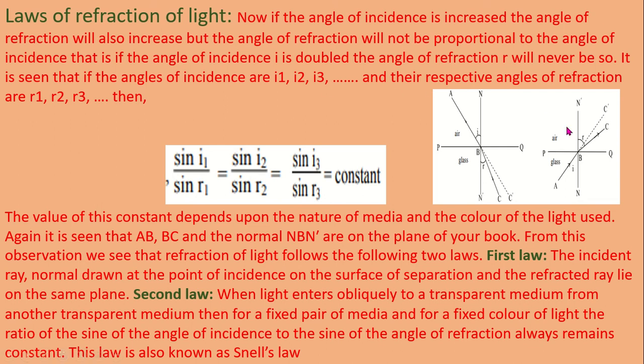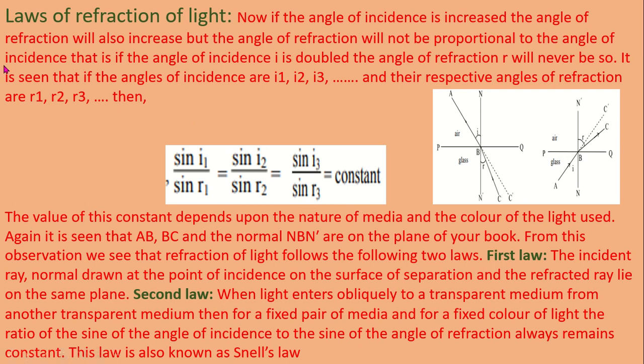But the angle of refraction will not be proportional to the angle of incidence. That is, if the angle of incidence is doubled, the angle of refraction R will never be doubled. So the angle of incidence and angle of refraction are not proportional, but if we increase the angle of incidence, then the angle of refraction also will be increased.